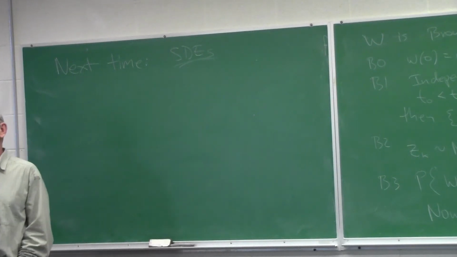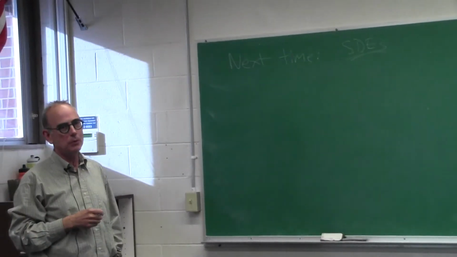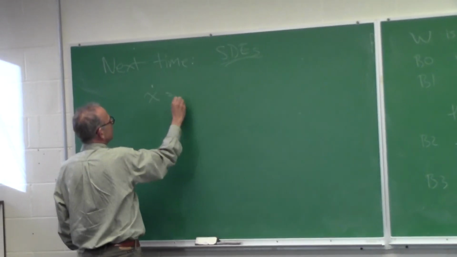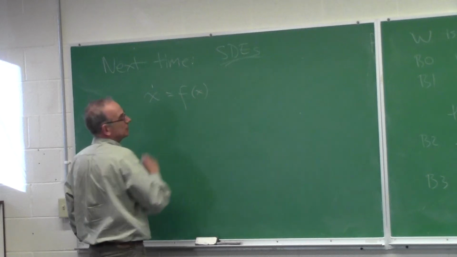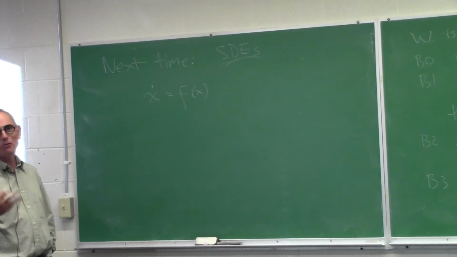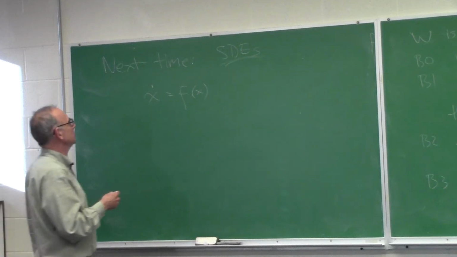Okay, but this is a challenge that we'd like to face. So we're used to looking at x dot equals f of x, right? And what we'd really like to do is be able to introduce noise, and we'd like to introduce noise in such a way that we have a theory that's as beautiful as calculus is. I mean, people who use calculus learn to love it.